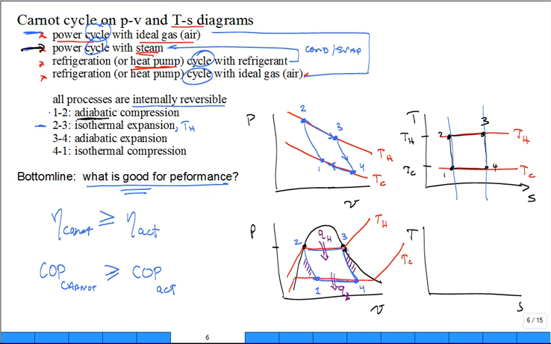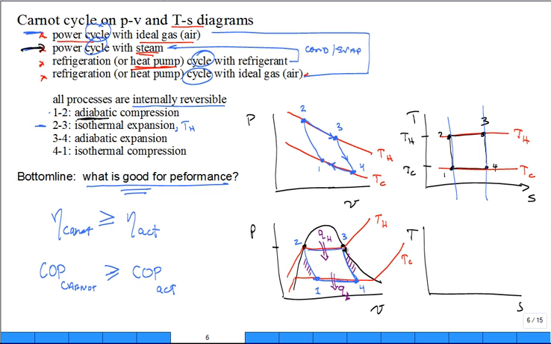For the air it is, and for the steam it's not. That's right. But for the steam, I need to have all the heat come in at high temperature. The best way to do that is tuck it under the dome and bring it in there. So I'm boiling it from saturated liquid to saturated vapor from state 2 to 3.